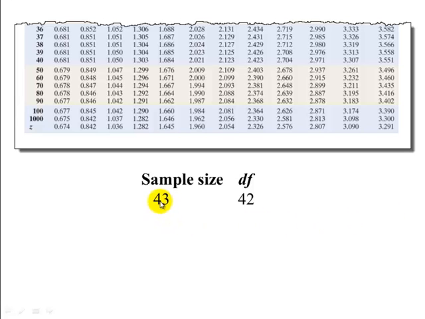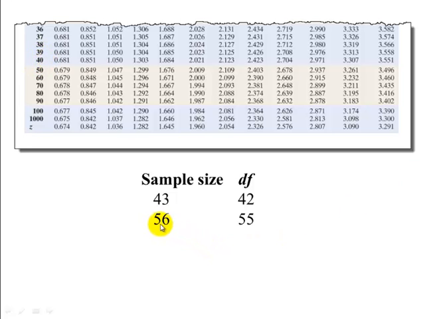So if we have a sample size of 43, our degrees of freedom is n minus 1, so your degrees of freedom will be 42. Now there's not a 42 in the table, so you just round it off. Is 42 closer to 40, or is it closer to 50? So you would use degrees of freedom of 40.